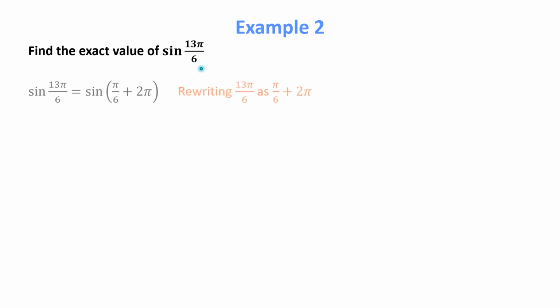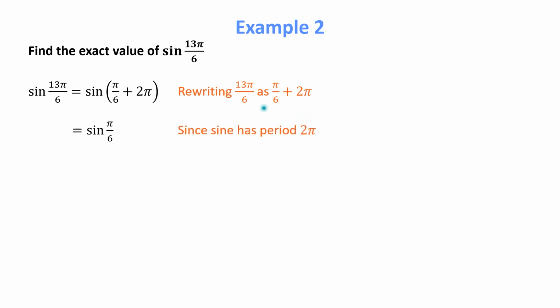Let's move to example 2. Find the exact value of sine 13 pi divided by 6. Now sine of 13 pi divided by 6 equals sine of pi by 6 plus 2 pi. This is just rewriting 13 pi by 6 as pi by 6 plus 2 pi.